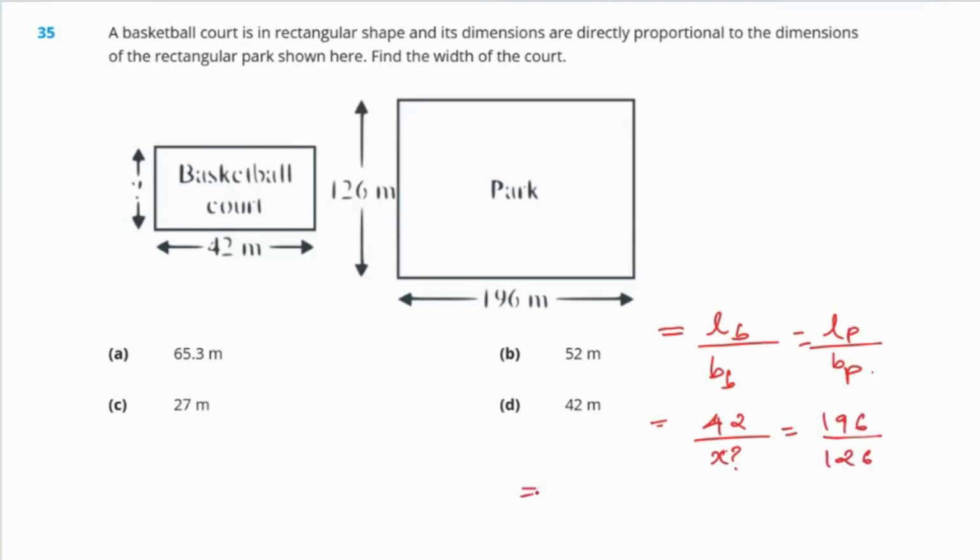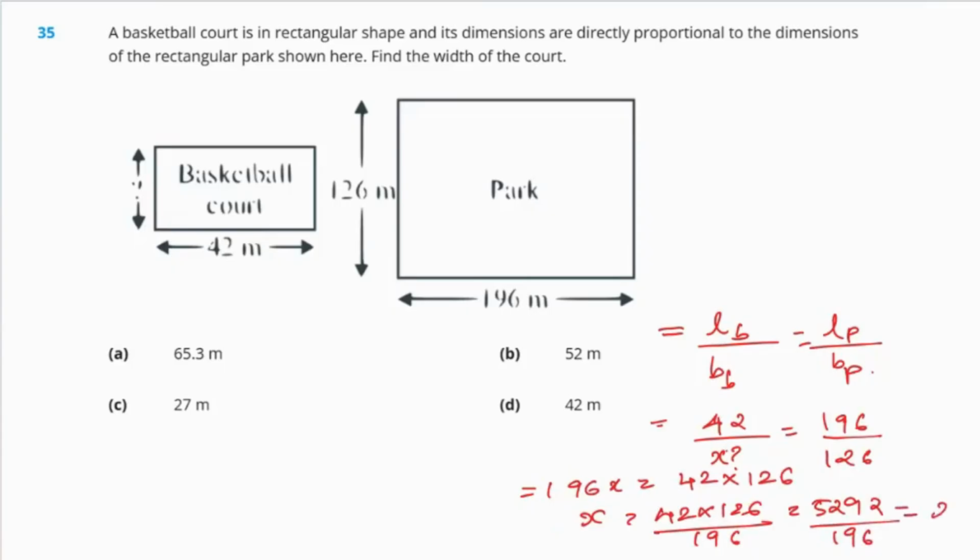When we cross multiply, 196x is equal to 42 into 126, or x is equal to 42 into 126 divided by 196, which is 5292 divided by 196, which is equal to 27 meter. So the width of the basketball court is 27 meter. Correct option is option C, 27 meter.